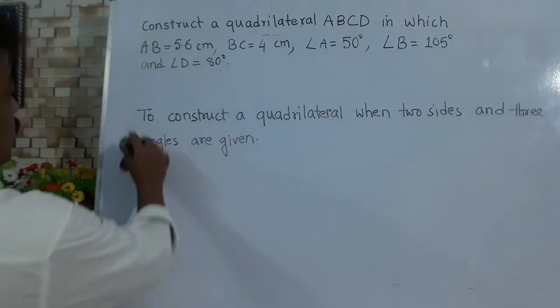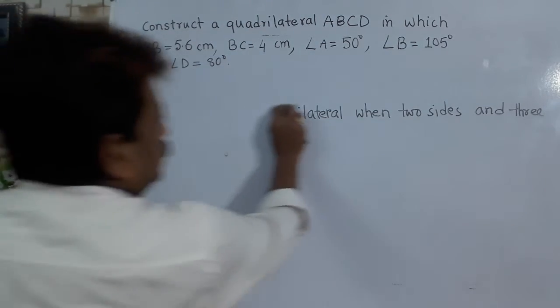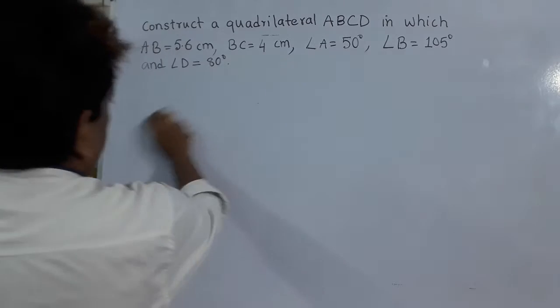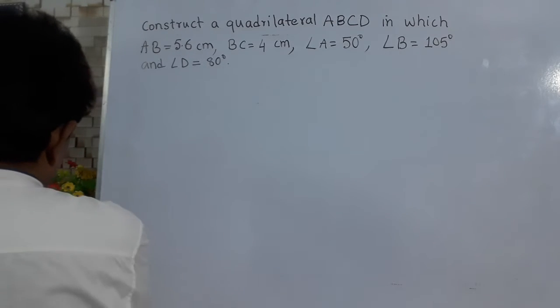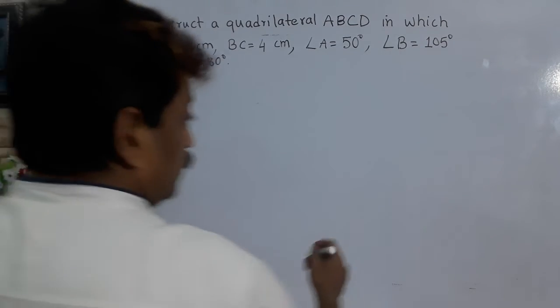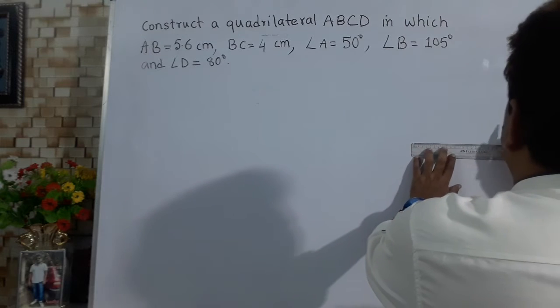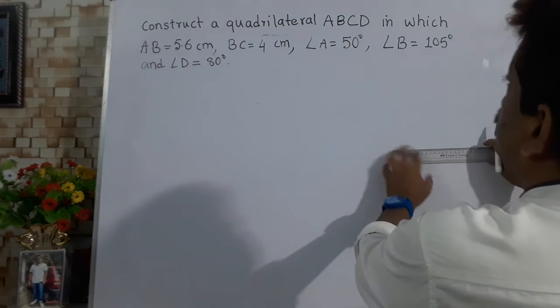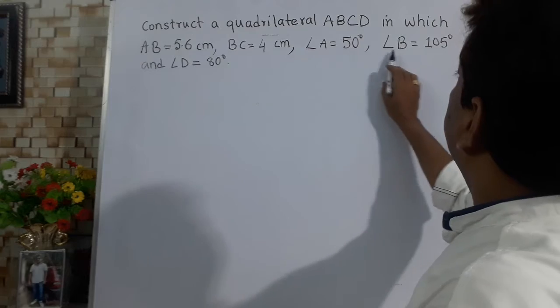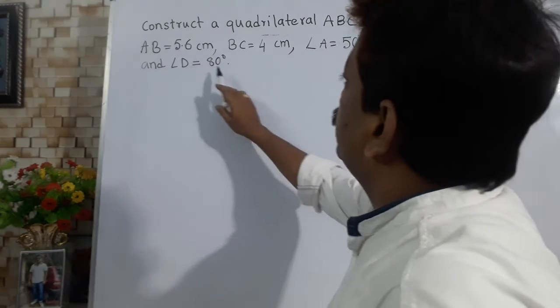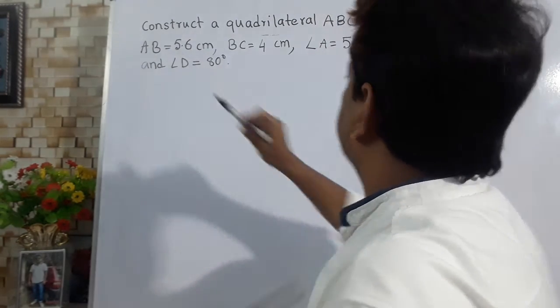So first of all, as I always say, draw a rough diagram. This is AB. Since angle A and angle B are given, it is better to start with AB first.